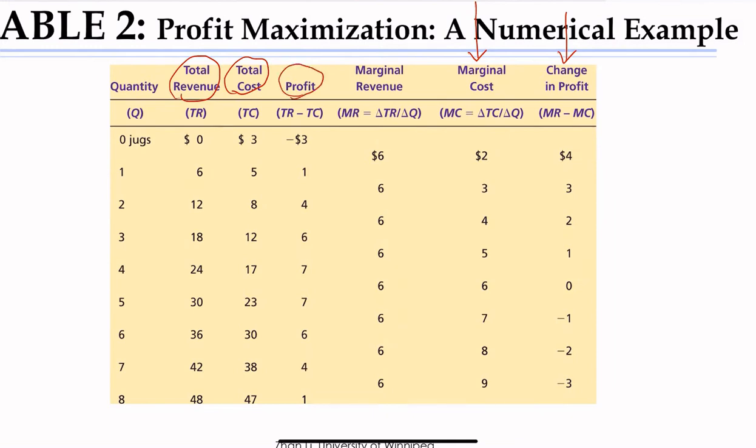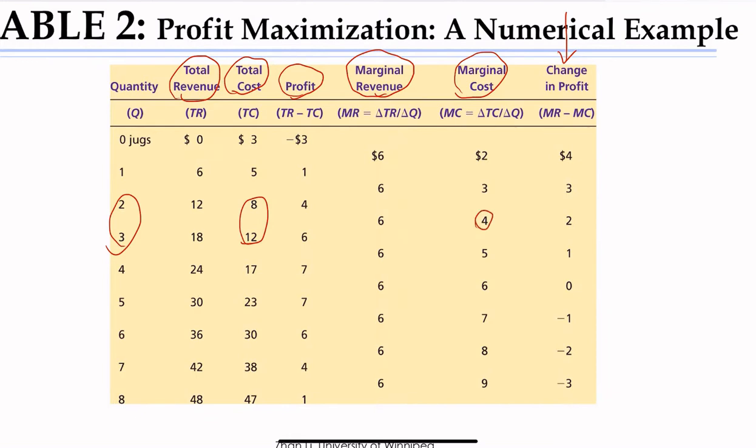And then we could also calculate the firm's marginal revenue, and we have done so. We know that marginal revenue is always $6. And we could also find out marginal cost, right? We have defined marginal cost in the previous chapter, and we know that marginal cost is the change in total cost divided by the change in quantity. So here we get 4, right?